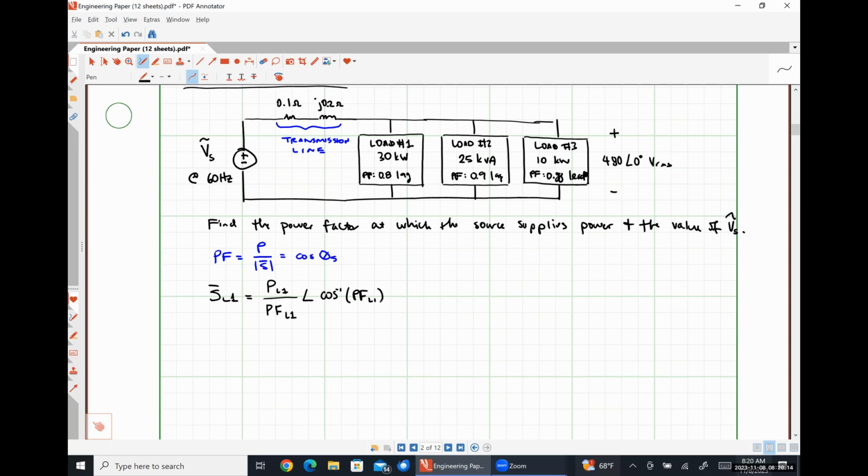Okay. So if I put my numbers in here, this is going to look like 30 kilowatts divided by 0.8 with an angle of inverse cosine of 0.8. I'm going to type this into my calculator here.